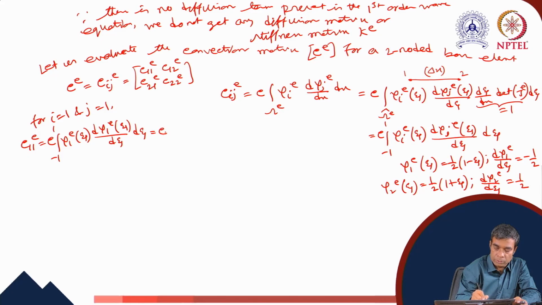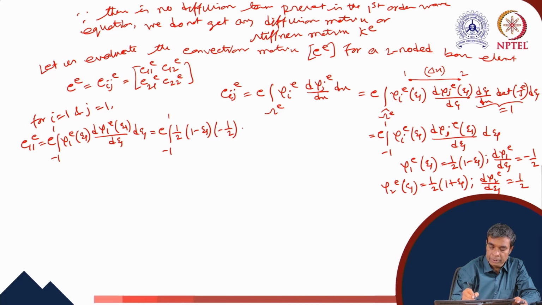This equals C integration from -1 to 1 of half of 1 minus xi times minus half d xi. So this gives us minus C by 4 integration from -1 to 1 of xi minus 1 d xi.